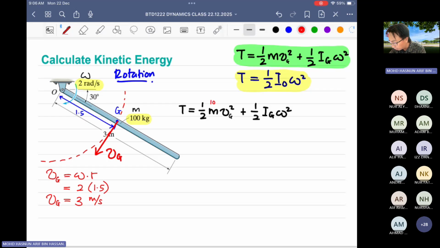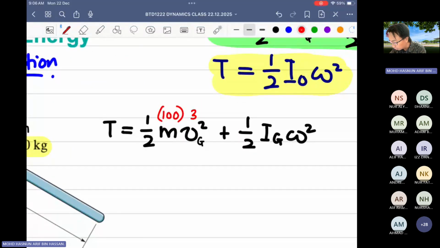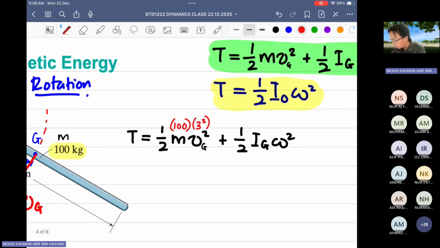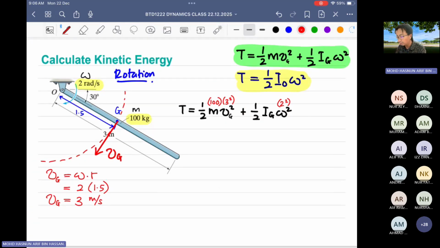M is 100. Vg we have calculated, which is 3, so this will be 3 square. So the first component of this equation is done. Omega we have here, which is 2 square. The one that we don't have is Ig, so now we need to find what Ig is.